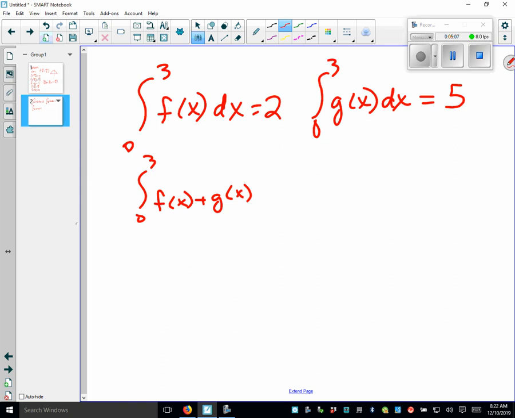To be what? 7. Could I take 2 times this one? That would be 4, so you know how to do those. So I can add them, I can subtract them. What I can't do is multiply and divide them, right?